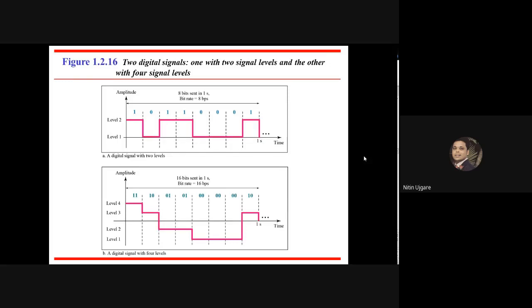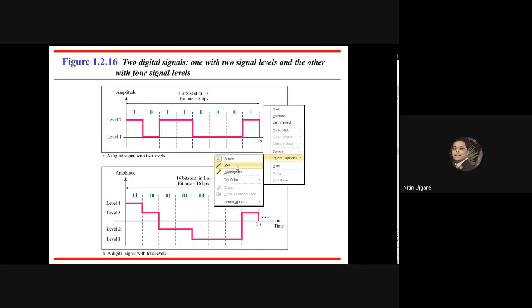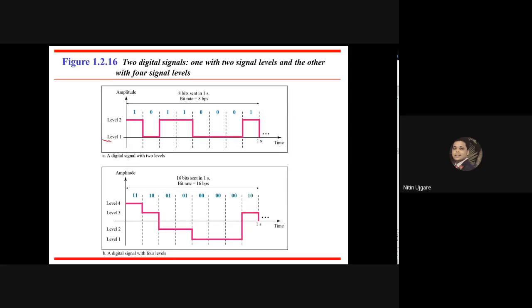Here in this slide, 2 digital signals are shown, one with 2 signal levels and the other with 4 signal levels. The first digital signal has 2 levels, this is 1 level and this is the 2nd level. Because this digital signal has 2 levels, it allows sending only 1 bit.